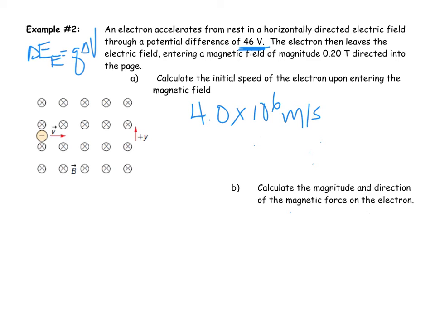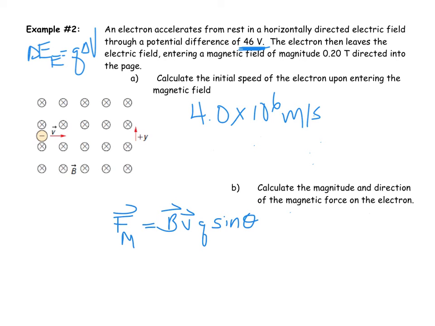You'll remember from earlier in the lesson that the magnetic force is equal to the magnetic field times the velocity of the particle times the charge of the particle times the sine of the angle between them. And in this case, it looks like it's perpendicular.